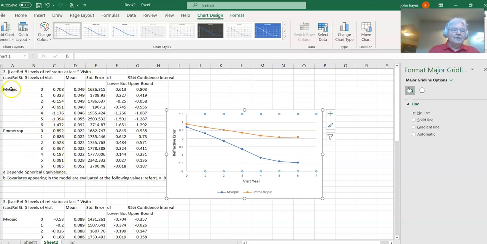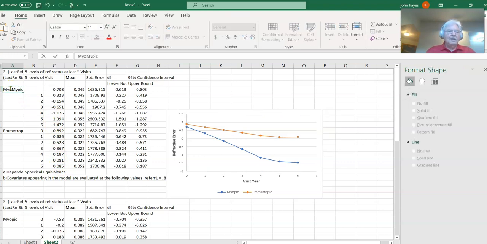The other thing we can do for this is, let's do spherical equivalent. This is emmetrope, spherical equivalent.